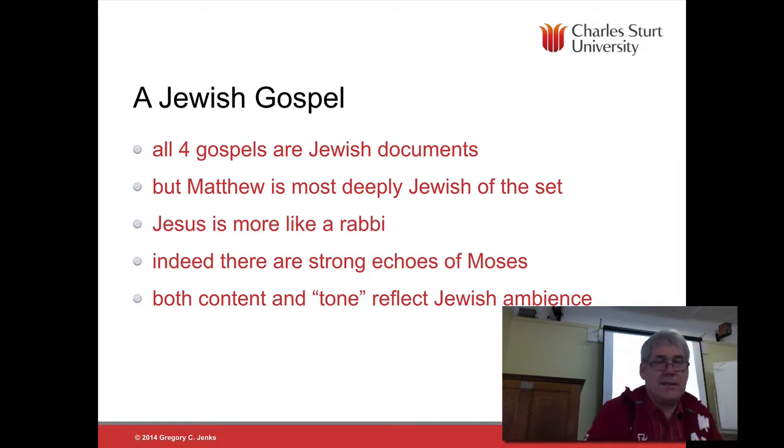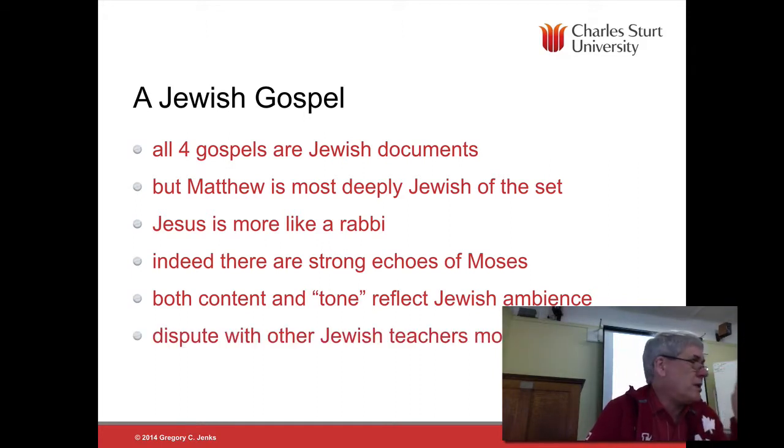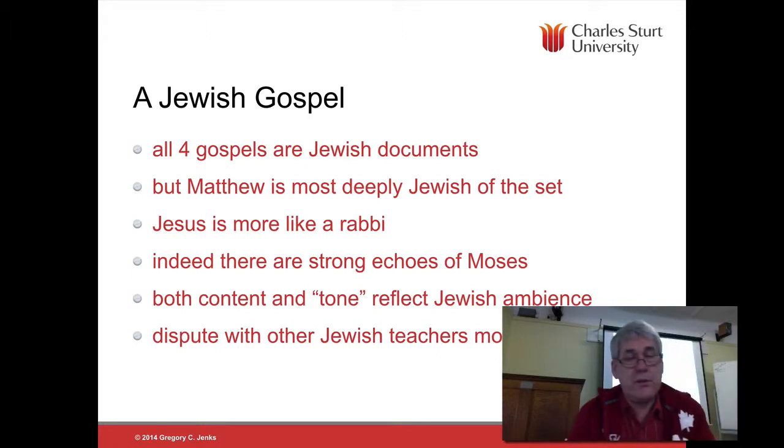Okay, and of course he has to be rescued from the nasty king who's trying to kill all the baby boys, just like Moses had to be rescued, and so on. Okay. So both the content and the tone, the atmosphere of Matthew's Gospel reflects Jewish ambience in a way that's not so much the case for Mark and Luke and John.